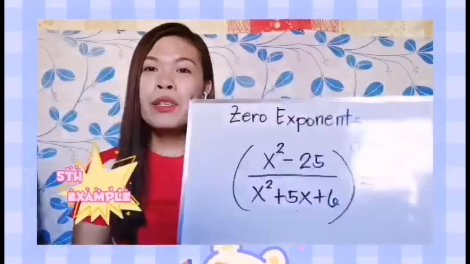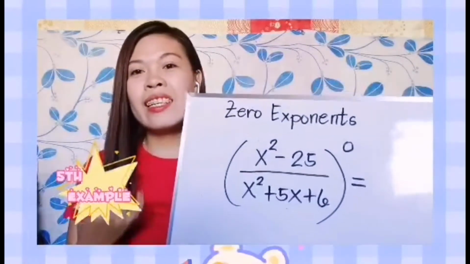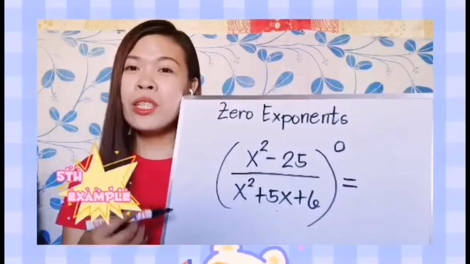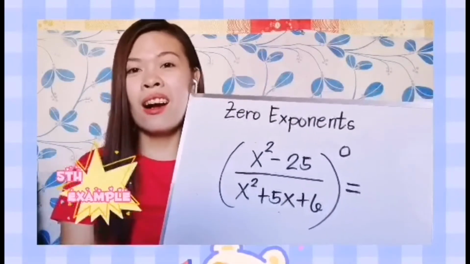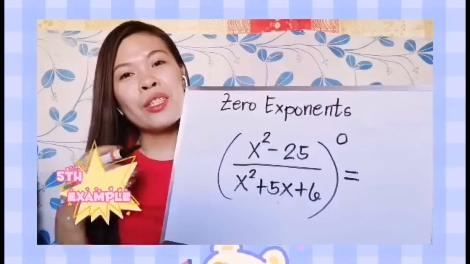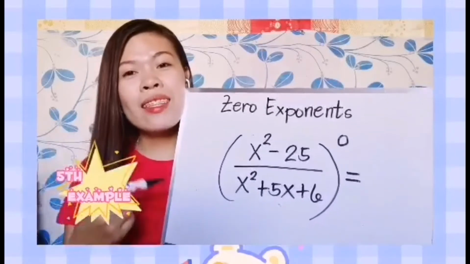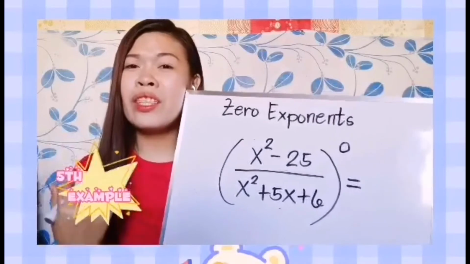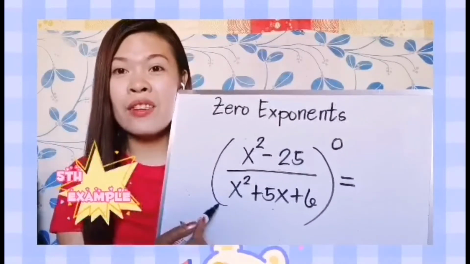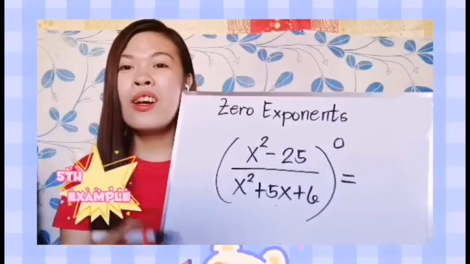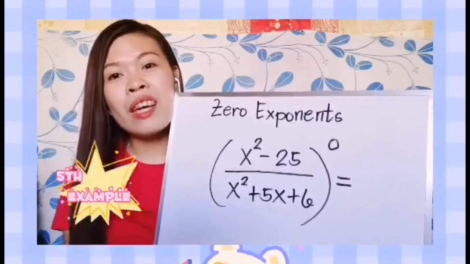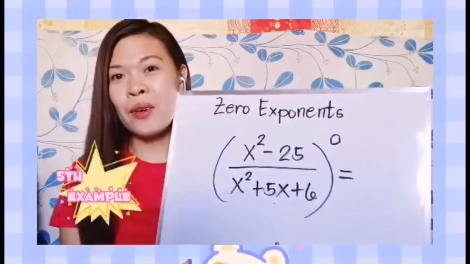I believe if you're going to look at the given problem, most of you math lovers will say that it is very hard. But to tell you, if you're going to bear in mind the rule, this is just very easy. So what do you think is the answer of this given problem? Quantity of x squared minus 25 all over x squared plus 5x plus 6 raised to 0.